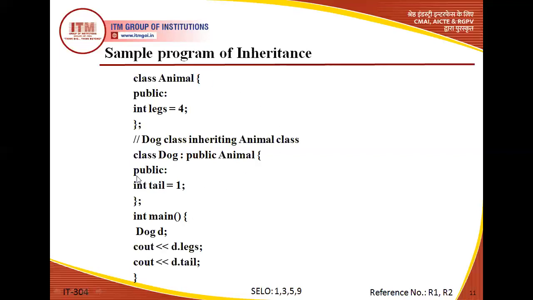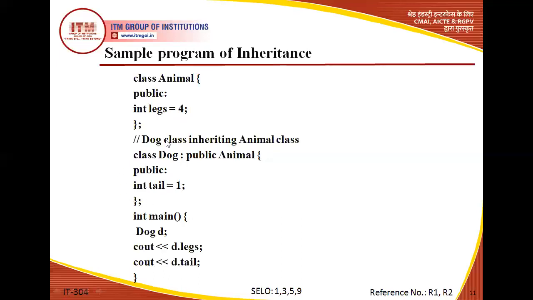This class Dog has its own data member also, which is tail. But as you can see here, this Animal class is inherited publicly. So in hidden form, you can say that this leg variable is also included here. So the Dog class object will easily access this leg variable also, through its object.